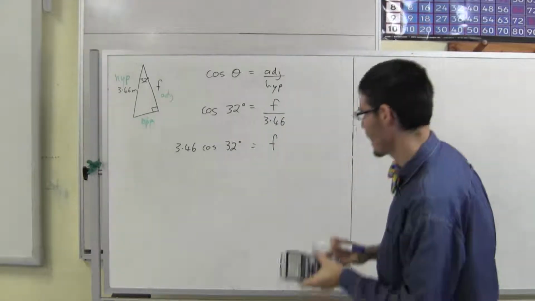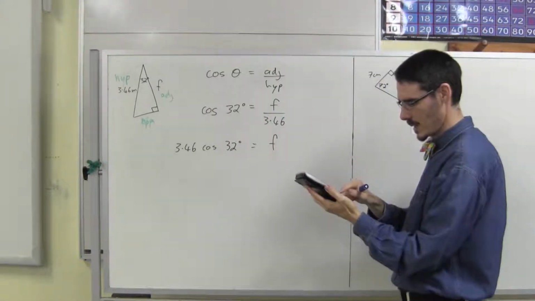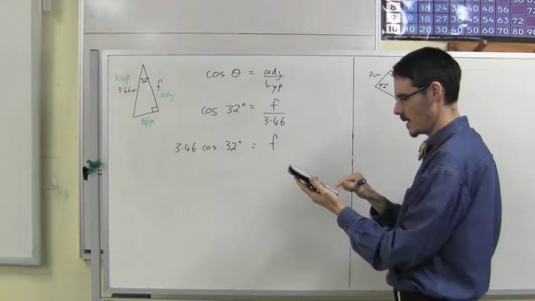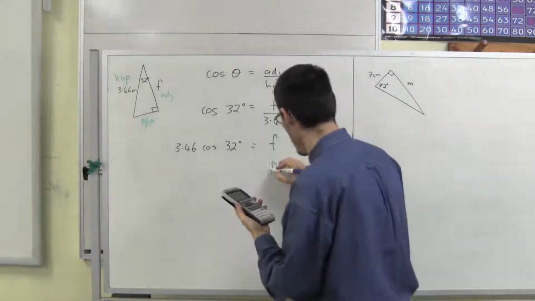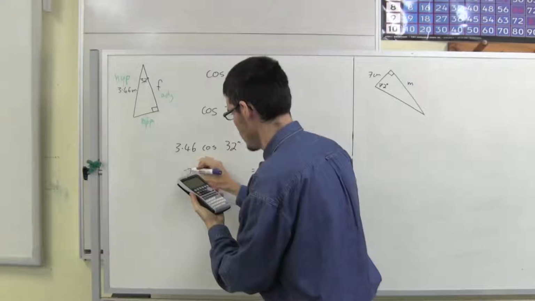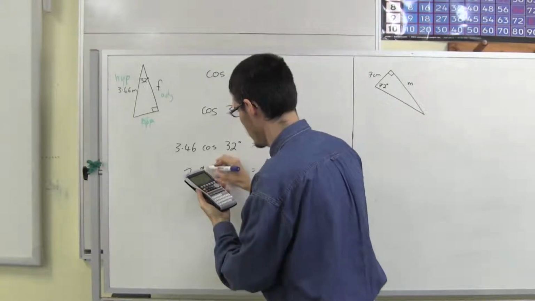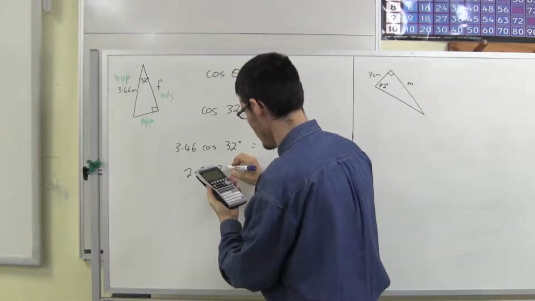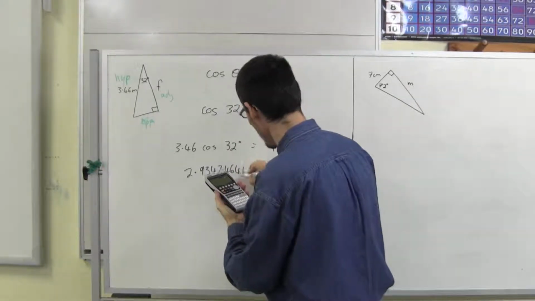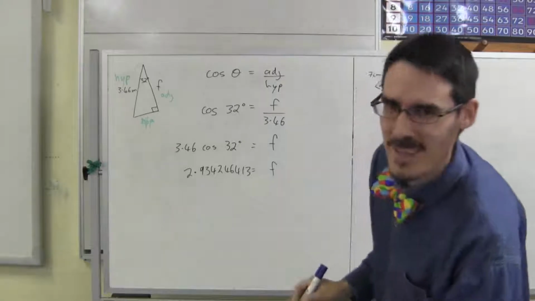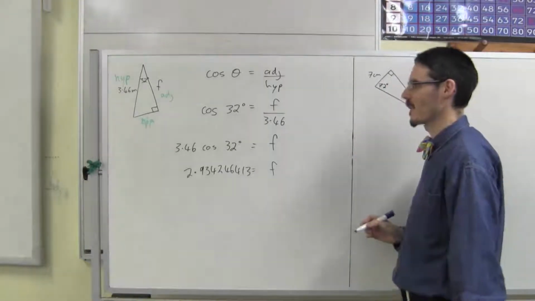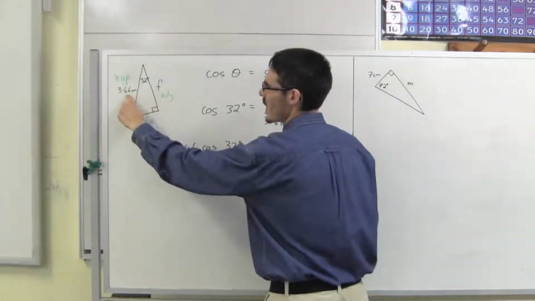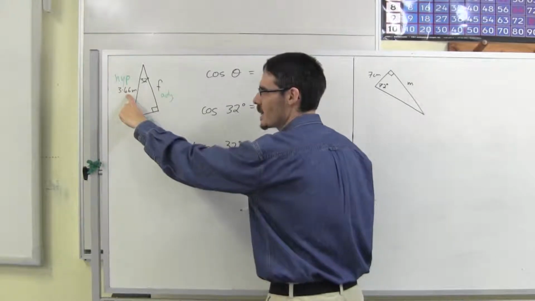Calculator. 3.46 cos 32 degrees. F is 2.93424641 3. I probably don't need that many digits, do I? Well, here I've got metres and I've got a measurement to the nearest centimetre.